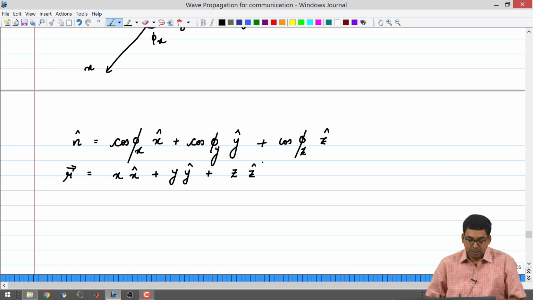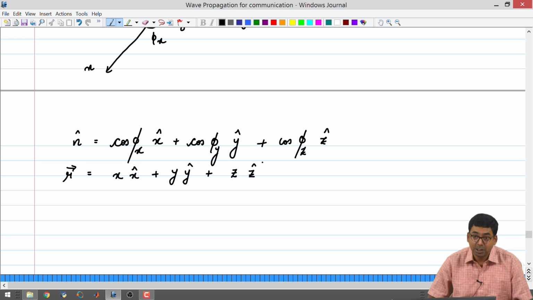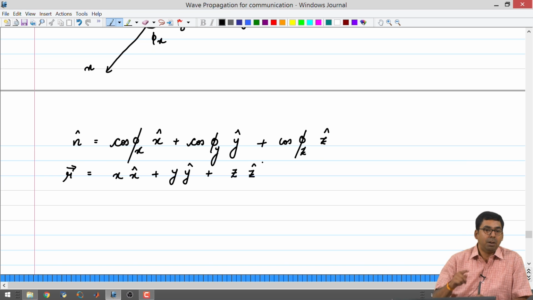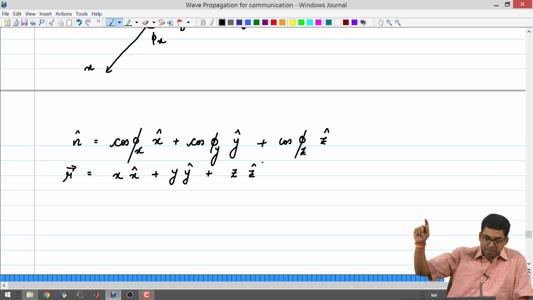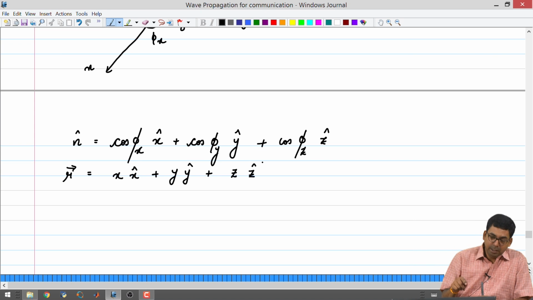Now, before going into more details, n describes the direction of travel of your wave. That should be very clear now. But we already have talked about E, H and K. K describes the direction of your Poynting vector or direction of power transfer. So, K should be some multiple of n, or K could be equal to n also, but the direction of K should be the direction of n.